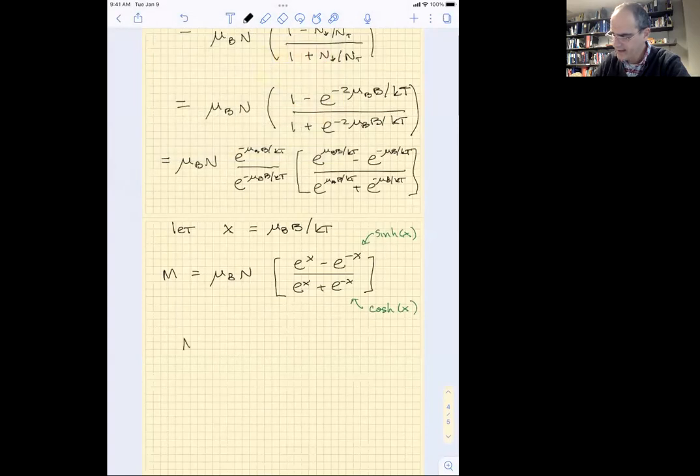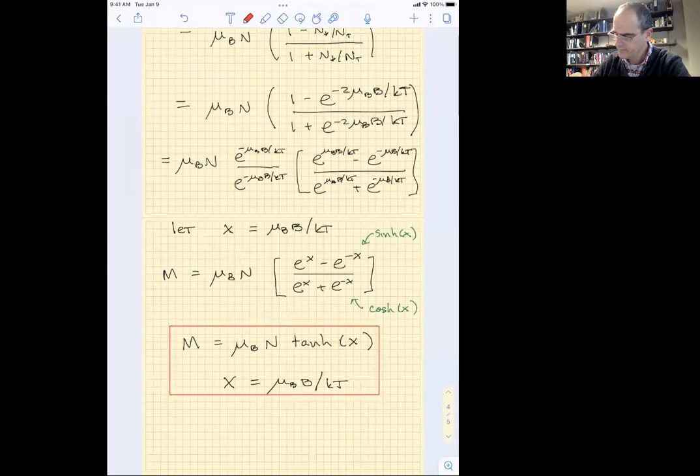So we can say that M is equal to mu B times N times the hyperbolic tangent of x, where x is equal to mu B B over kT. Okay, and there's our result.